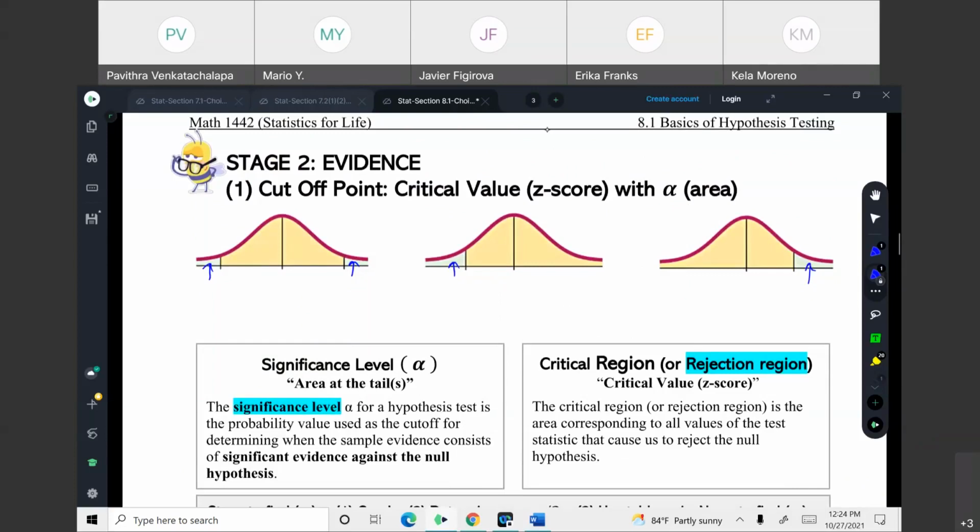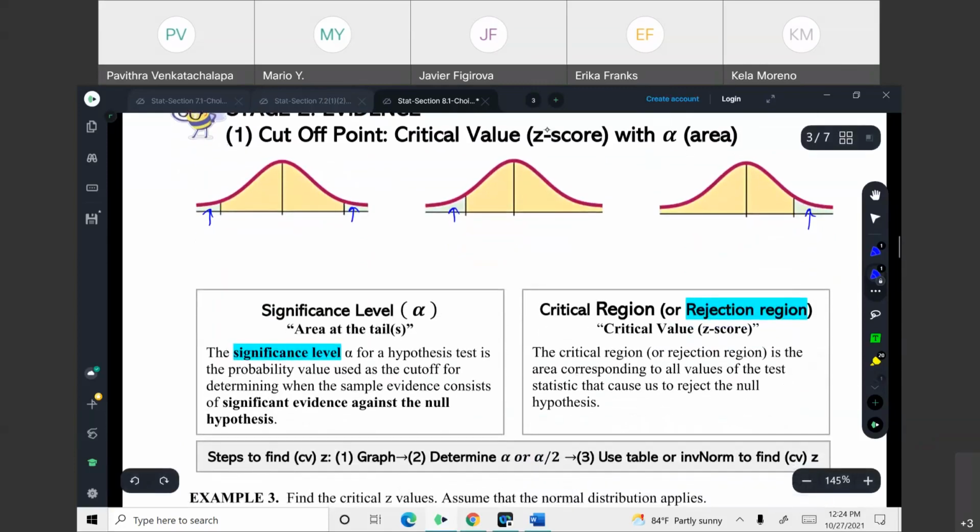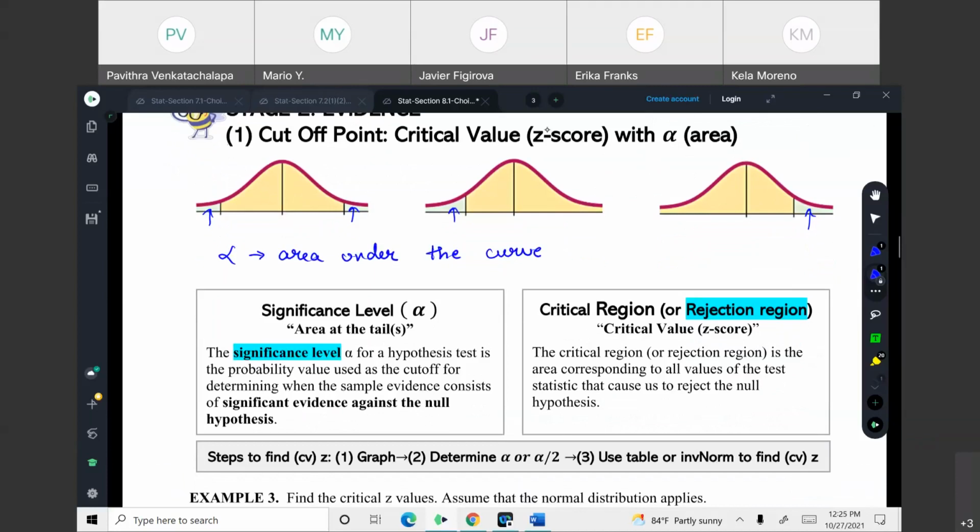You will understand this completely if you do one example. Likewise, we have alpha. From the previous chapters, alpha was the area under the curve. Now, in hypothesis testing, we call this the significance level. Like we have confidence level, in hypothesis testing we have significance level, and it is denoted by alpha.